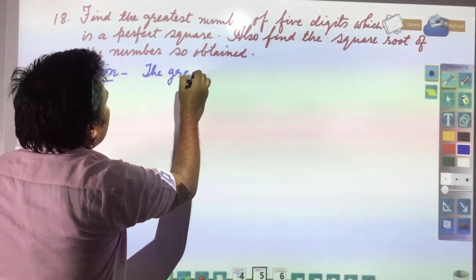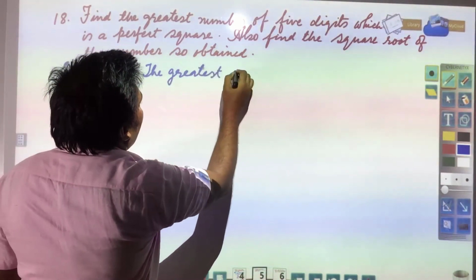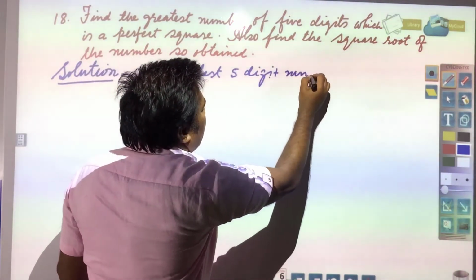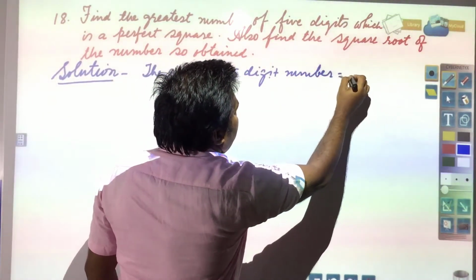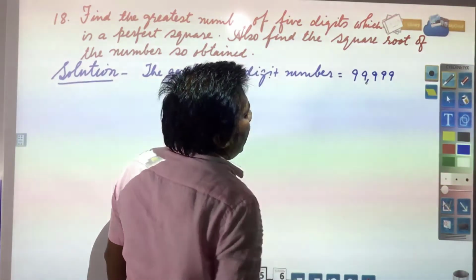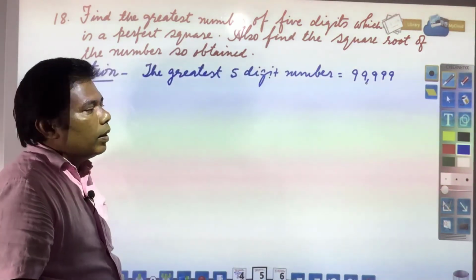The greatest 5 digit number is equal to 99,999.